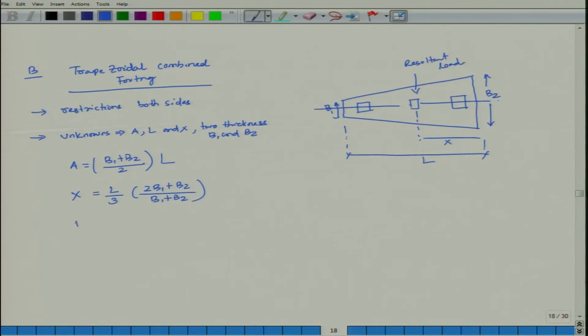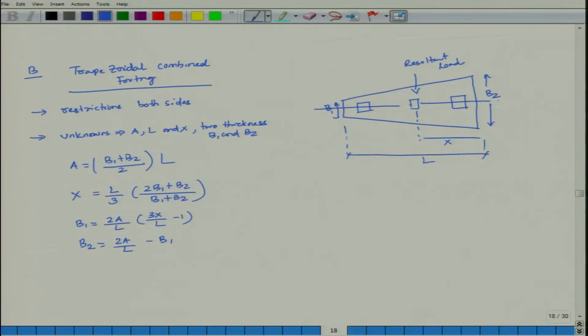Then you can find B1 is equal to A by L into (3x by L minus 1), and B2 is equal to A by L minus B1.